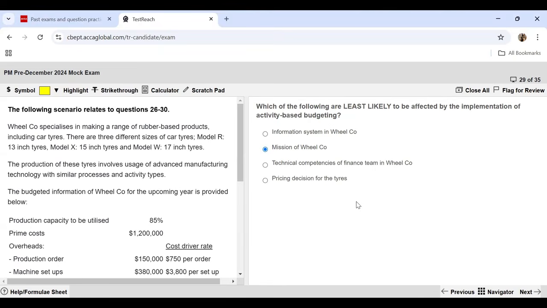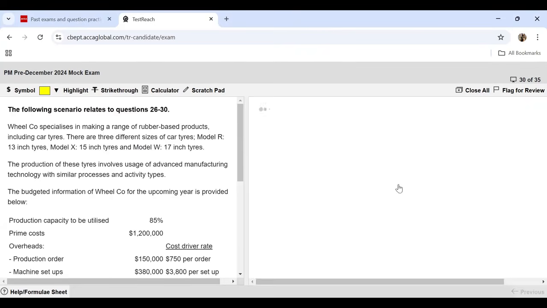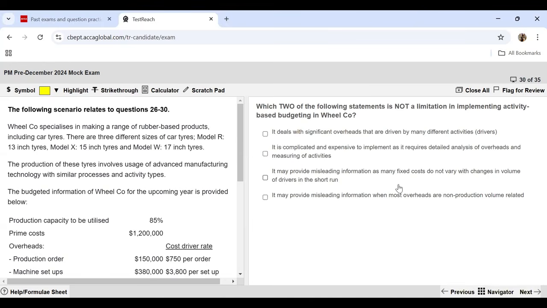Definitely, if you use activity-based budgeting, your overheads are going to be distributed in a very fair manner. So it's also going to help you improve the pricing of your tires. It's going to help you take better decisions on the price that you are setting for the tires that you go out and sell in the market. So it's the mission that is going to be the least likely to be affected by the implementation of activity-based budgeting.